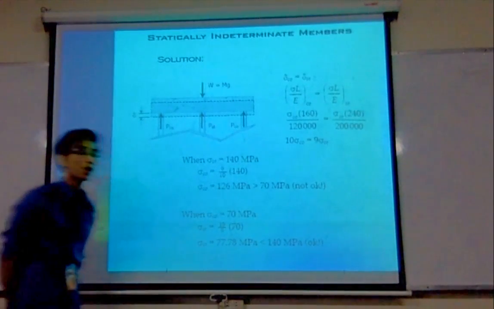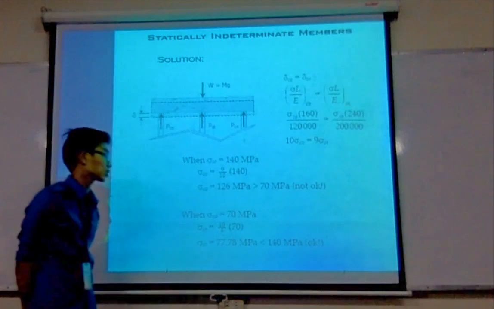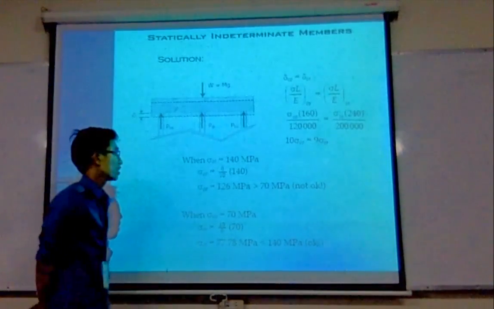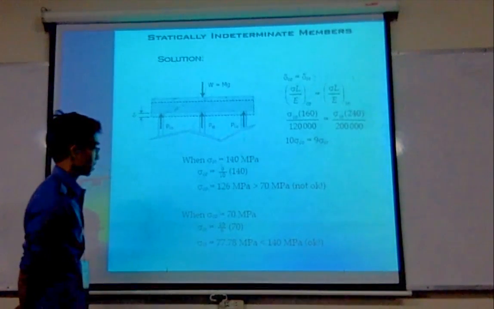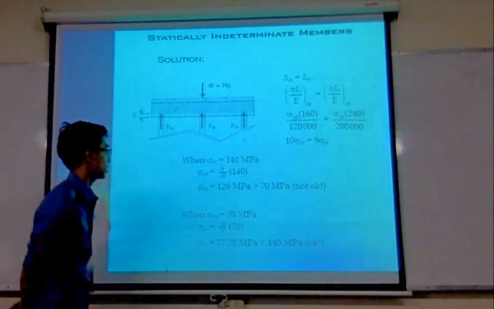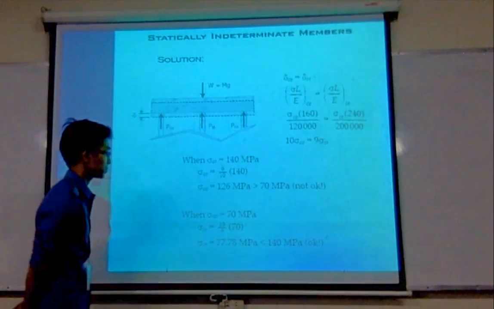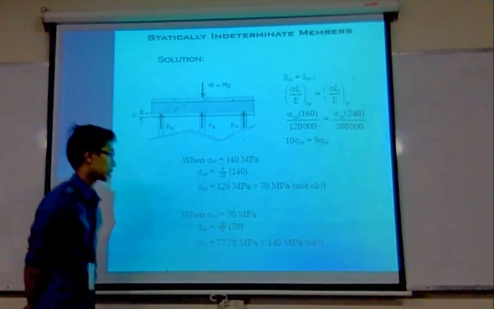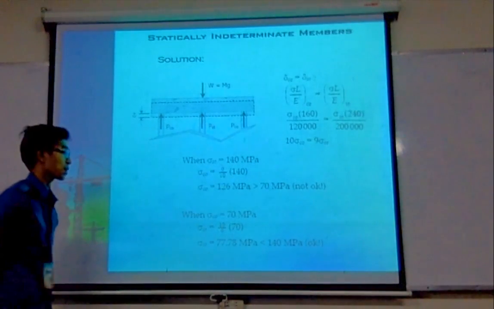Next, we have the allowable stress of copper, which is 70 megapascal. Now we put that stress in the equation: 10 over 9 times the 70, and we get 77.78 megapascal.